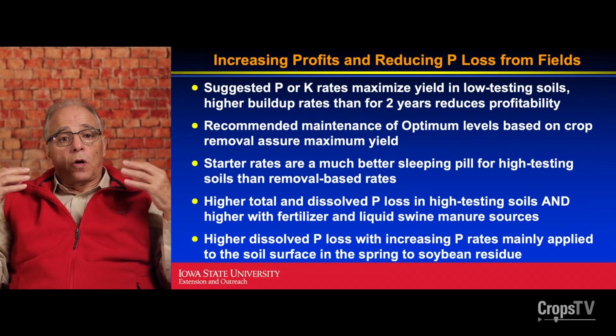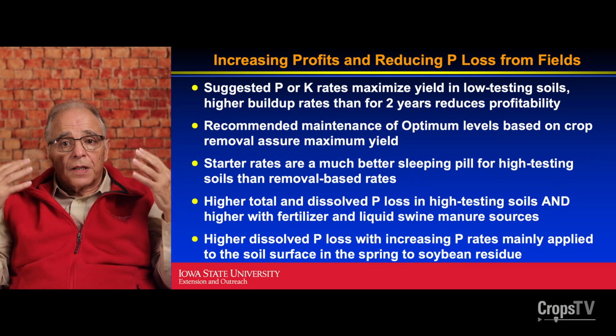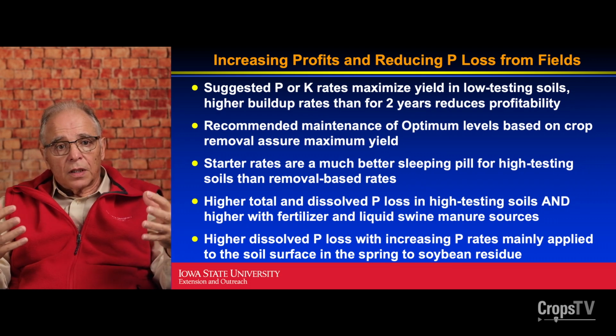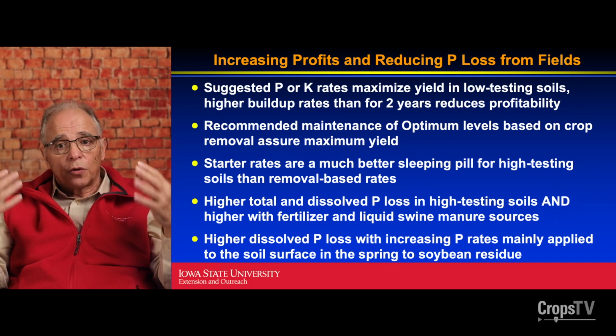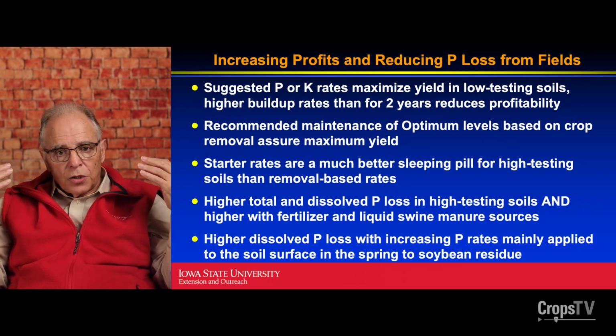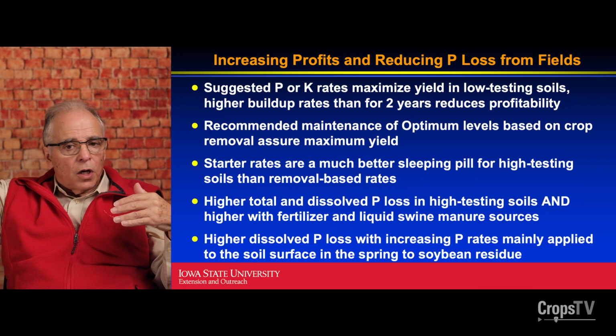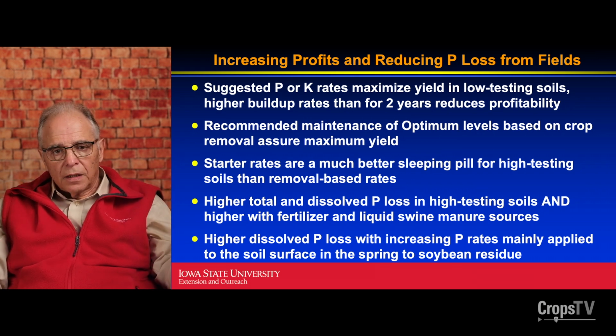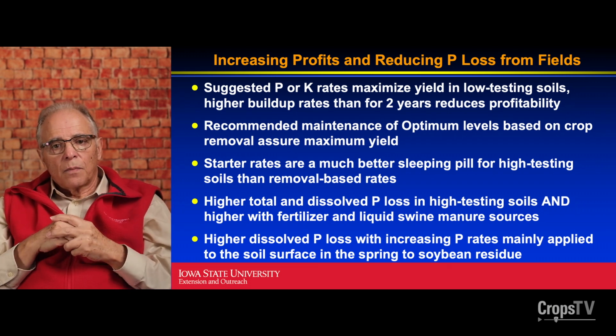Okay. So suggested P or K rates maximize yields in low testing soils. Higher build-up rates than for 2 years reduces profitability. Why would anybody jump from a very low to an optimum at once? Why? The only thing it's doing is risking that P or K will be lost. It's not a good thing, okay?